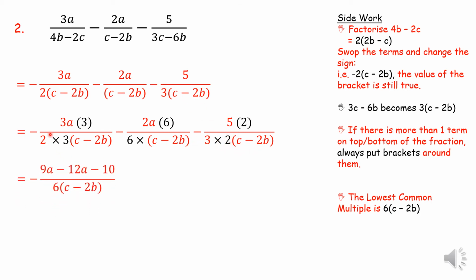Eventually, if you now write everything upon the same denominator, you're going to get minus 9a minus 12a minus 10. You can clean that up and it becomes minus 21a minus 10 upon 6 in brackets c minus 2b.